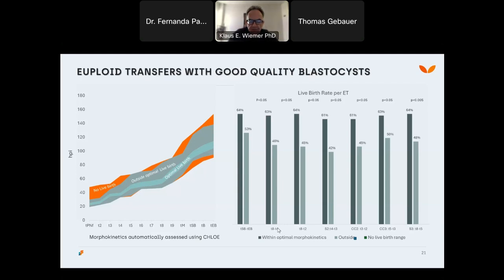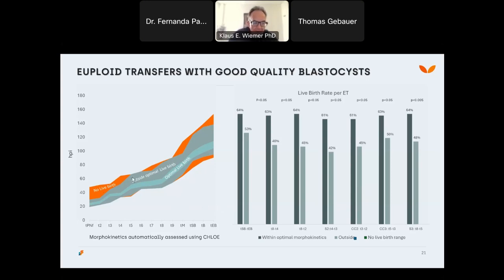And you can see, for example, if the time period between 4-cell to 8-cell was not optimal, then again, the pregnancy rates with these euploid embryos would drop from 63% to 46%. And that pattern exists all the way across all of these morphokinetic events and cell cycle divisions.